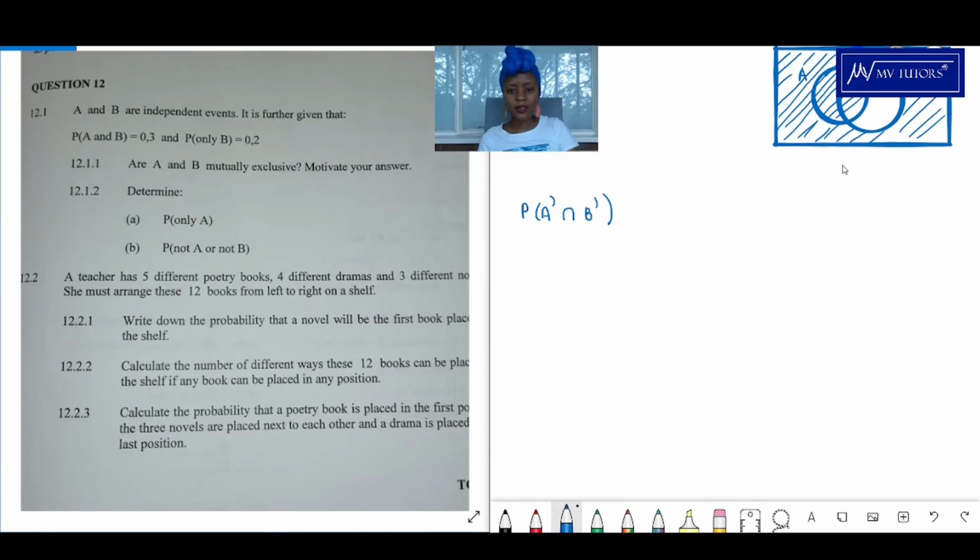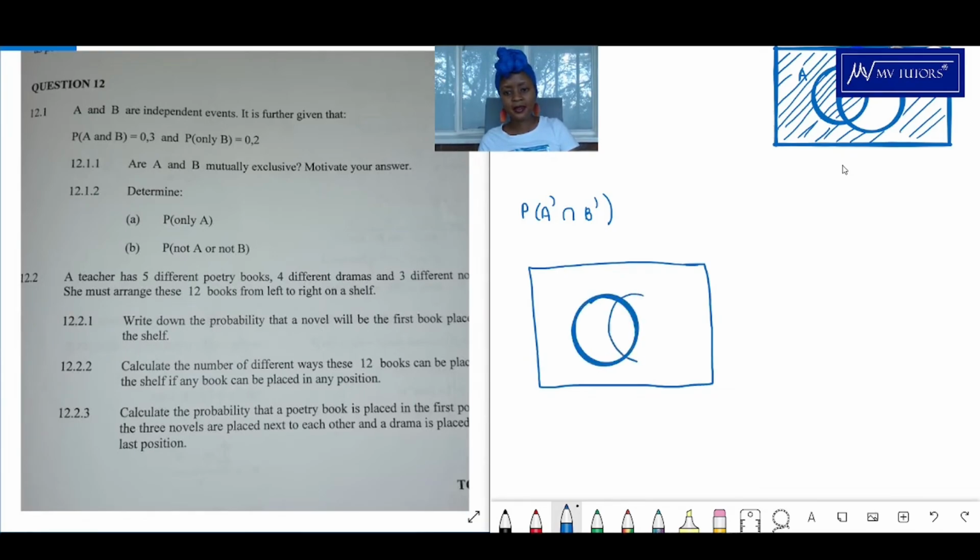Okay, so if you have not A, let me just try to do it in one Venn diagram. Sorry for taking up time, but I think it's important that we do this little bit of a summary. Okay, so if it's not A, remember this is A, that's B. If it's not A, it's everything around A. Okay, let me just do this in stages.